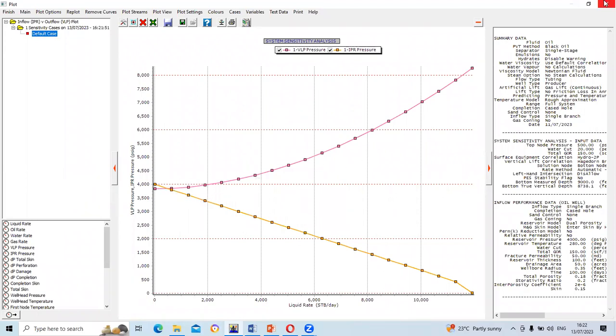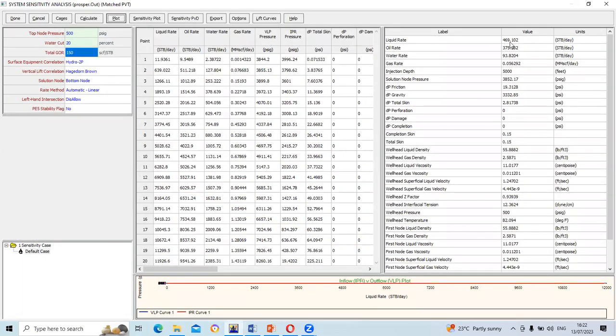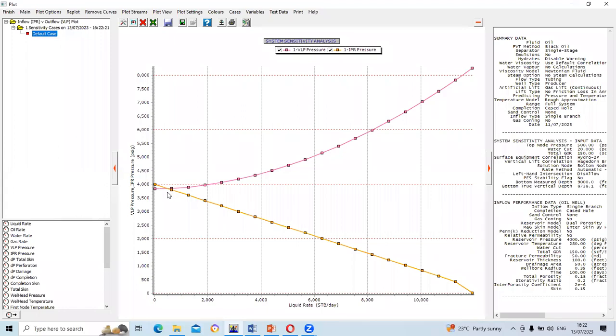But if I look at the liquid rate here, the liquid rate has dropped drastically from what we had. So most of the time they may be carrying out this artificial lift method, not only because there is absolutely no intersection between the two plots, but maybe because they are intersecting at a very low rate.